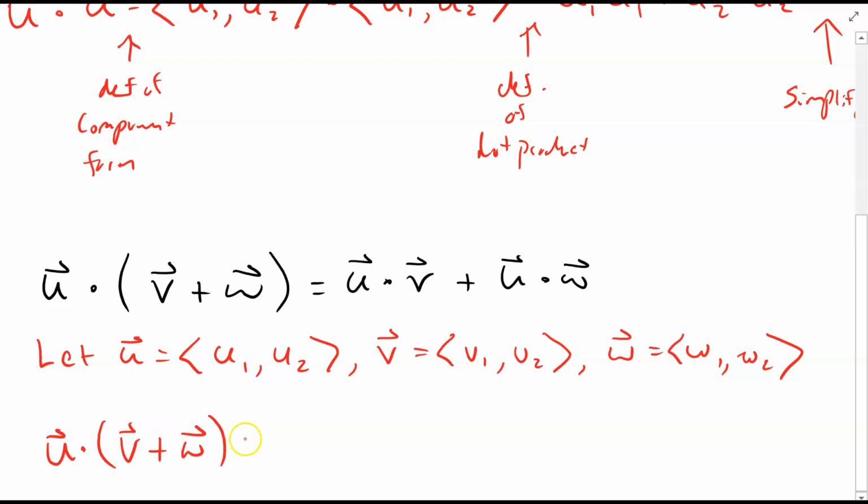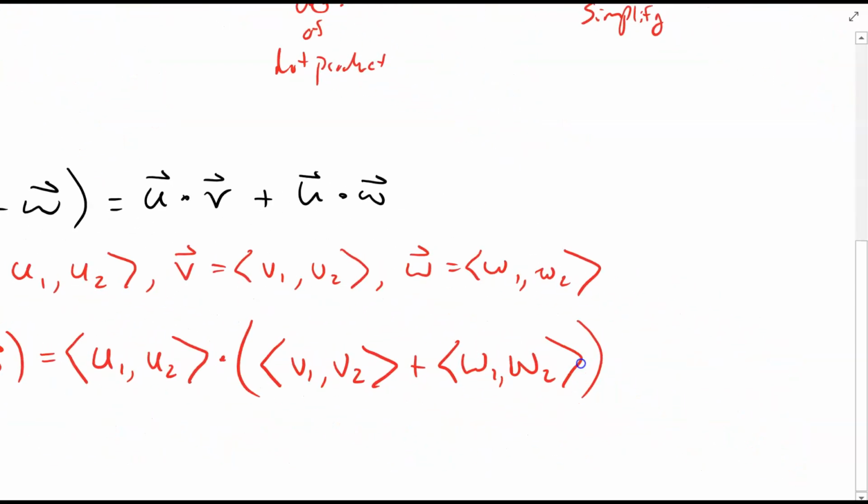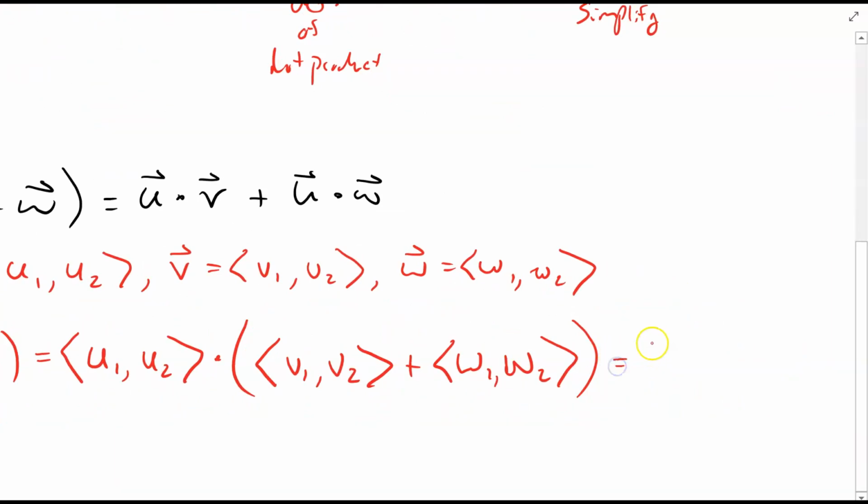So the first thing I'm going to do is replace these vectors with their component form definitions. Everybody okay there? So I'm going to follow the order of operations now and work inside the parentheses first.